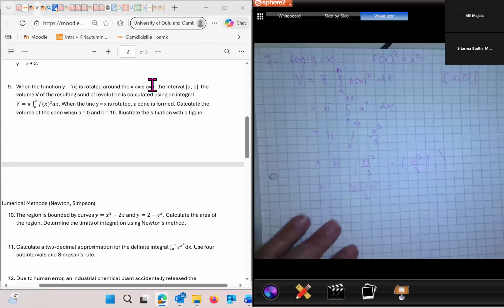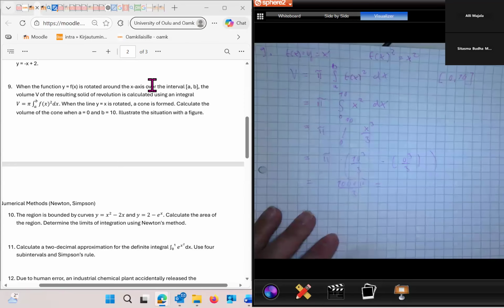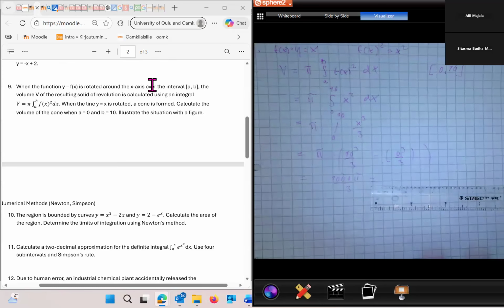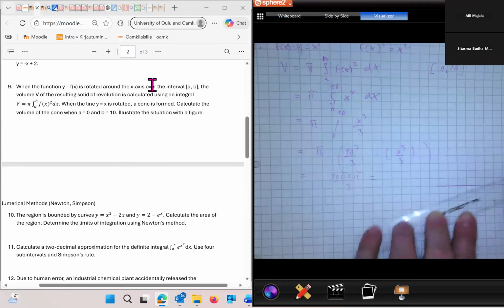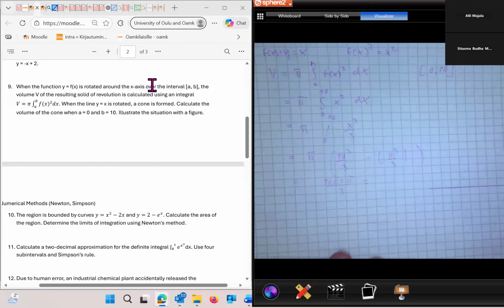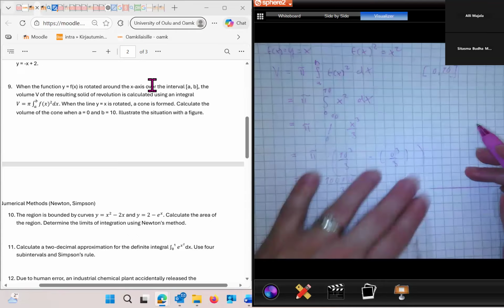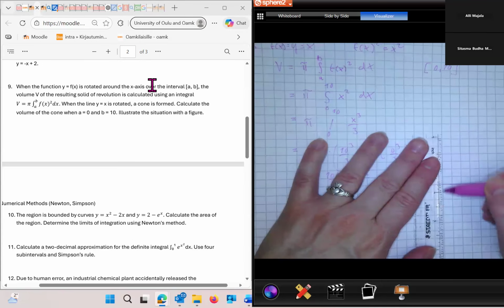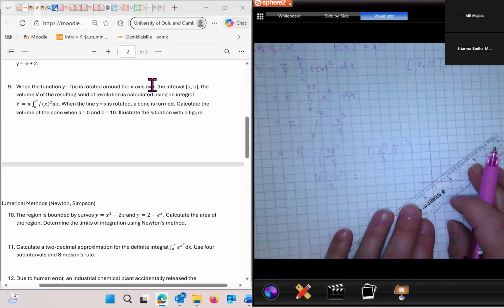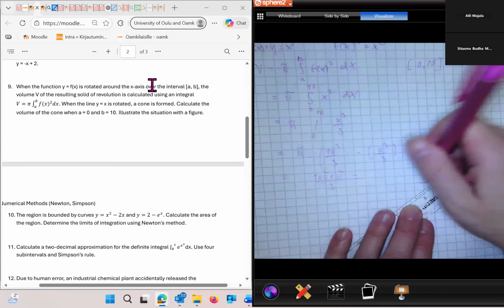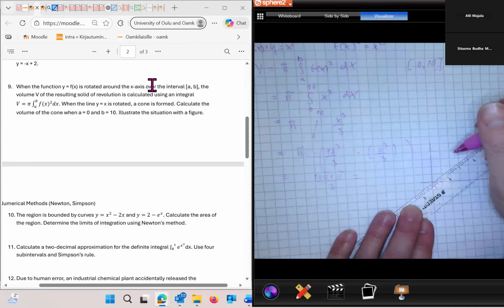So I wanted the volume of something that I'm rotating, that line here, from 0 to 10.